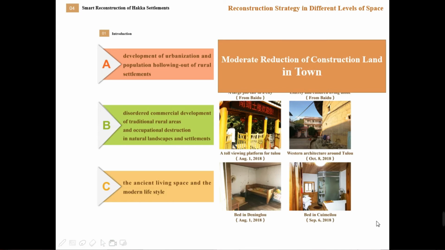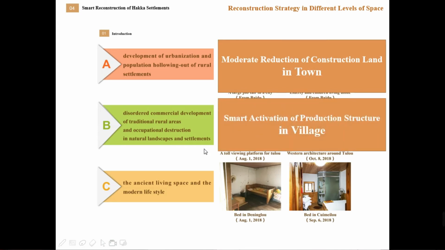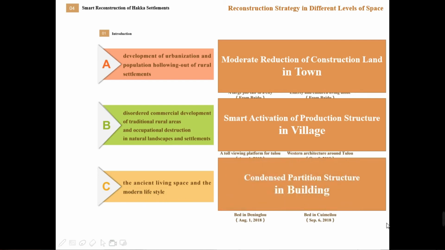Number two, disordered commercial development of traditional rural areas and destruction in national landscapes and settlements: smart activation of production structure in the village. And third, ancient living space in the modern lifestyle is condensed: partition structure in building.